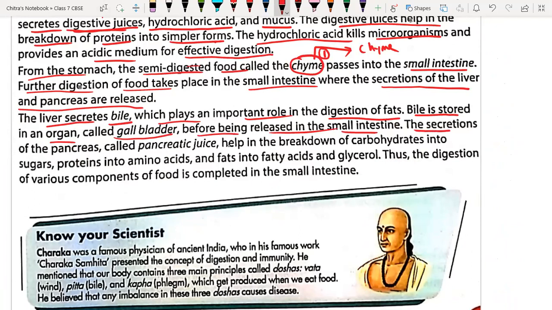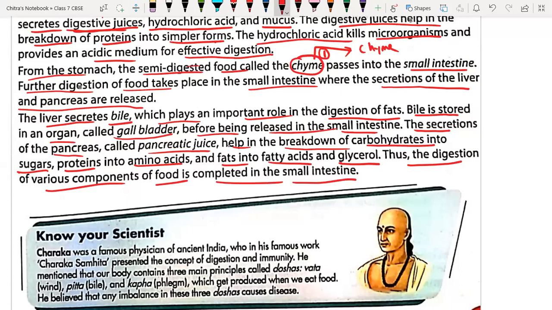The secretion of the pancreas, called pancreatic juice, helps the breakdown of carbohydrate into sugar, protein into amino acid, and fat into fatty acid and glycerol. Thus, the digestion of various compounds of food is completed in the small intestine.